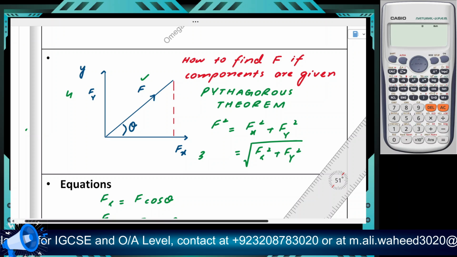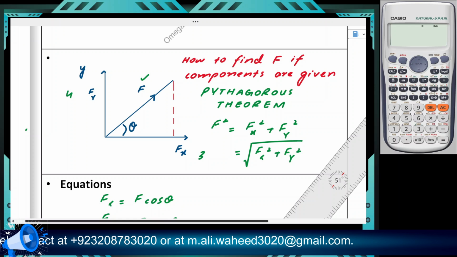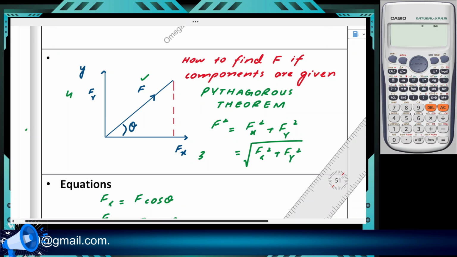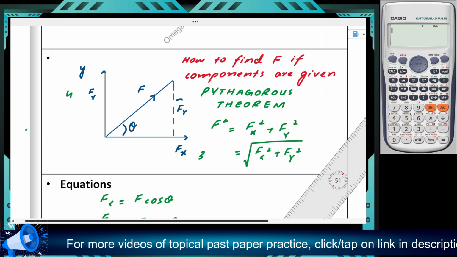But what I recommend is, because this is the value that you found using your calculations, instead of using this value, it's better to use the value that you did not calculate, rather the value that was given in the question already. So what if we make use of fy and fx?